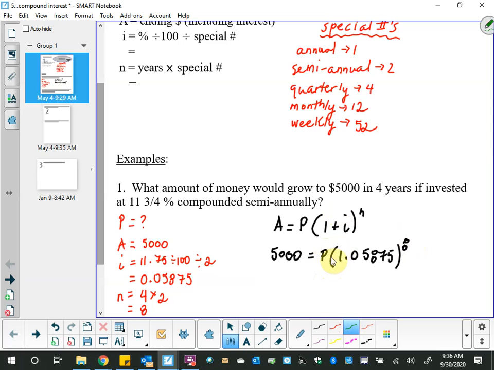So P times this bracket, all it is, this bracket needs to be removed by its opposite operation. So I'm going to take it without actually calculating its worth yet, and I am going to divide it on both sides of the equal sign.